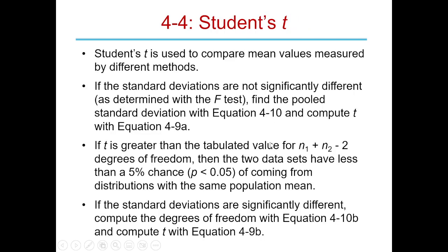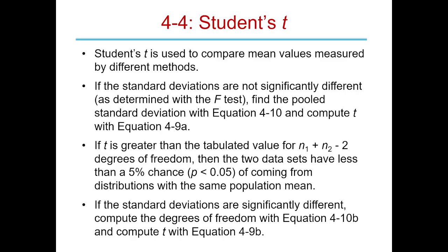So the standard deviations are not significantly different. You would measure that with an f-test. You might remember the f-test from previous, where you can compare if 2 standard deviations are the same set or different sets. So you would find the pooled standard deviation using equation 4.10. Then you'd compute the t with equation 4.9a.